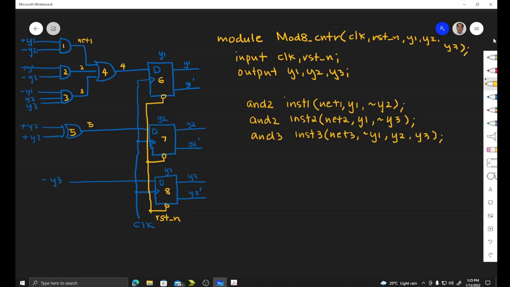Then lastly, we have the 3-input OR gate. So we have here OR 3, ins 4. The output is net 4, inputs are net 1, net 2, and net 3.